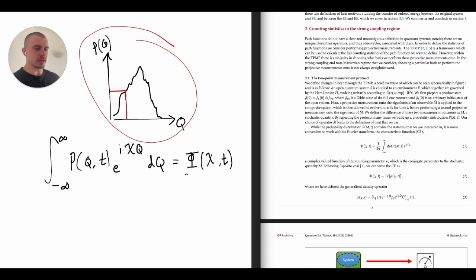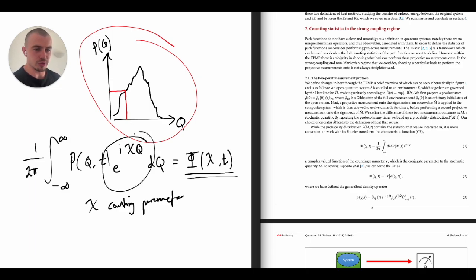And this is our main object of interest in this paper. Okay, it's possible that I've missed out a factor of 1 over 2 pi. Yeah, exactly, okay. So chi is called the counting parameter, also called the counting field by some people. And what we can see if we look here is that it must be conjugate to heat.